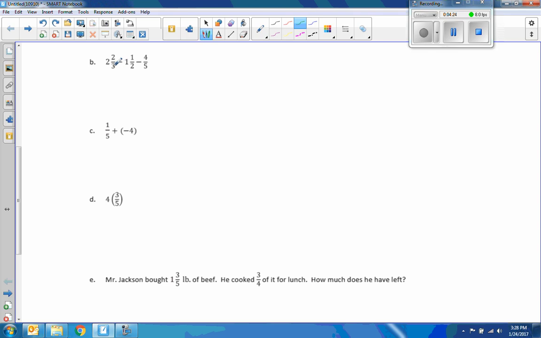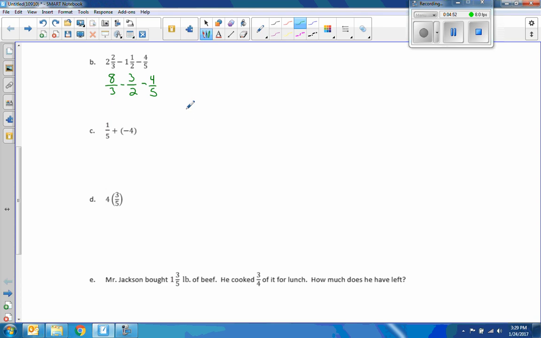You take the denominator times the whole number plus the numerator. 3 times 2 is 6, plus 2 is 8, and you put that over the original denominator. 2 times 1 is 2, plus 1 is 3 over the original denominator. Don't forget there's a minus in between. Minus 4/5. So the first thing we did was convert the mixed fractions.